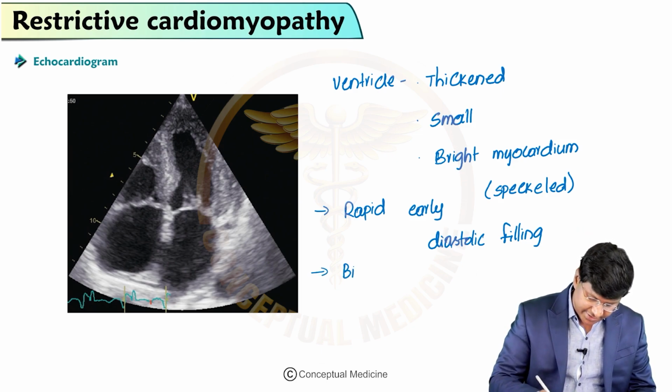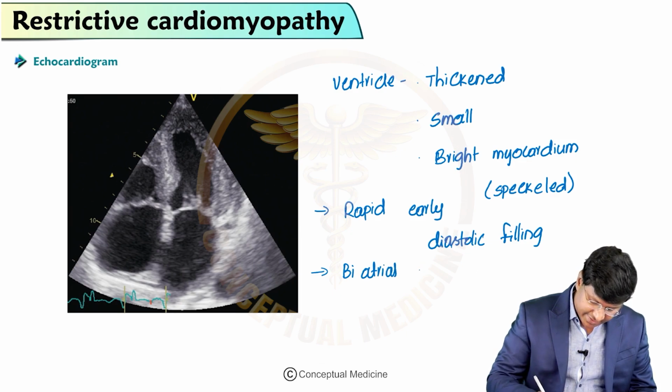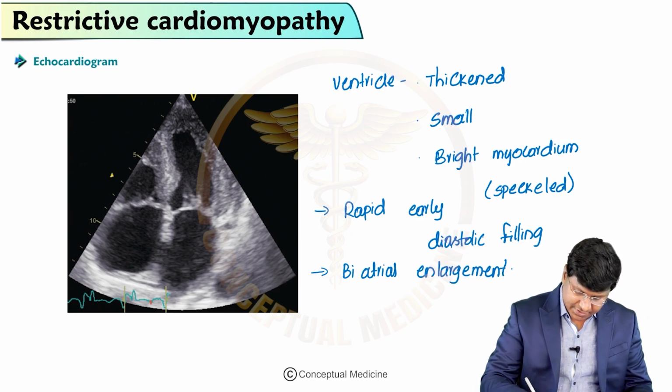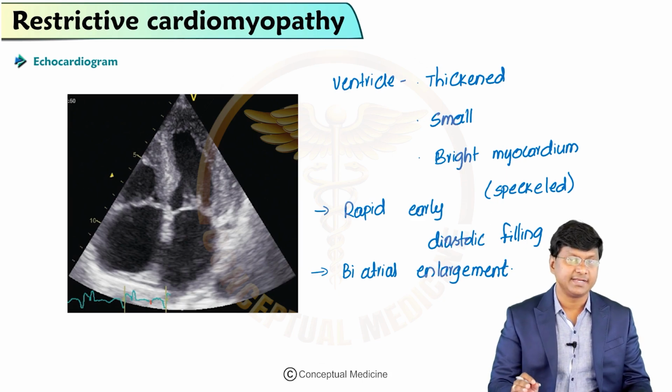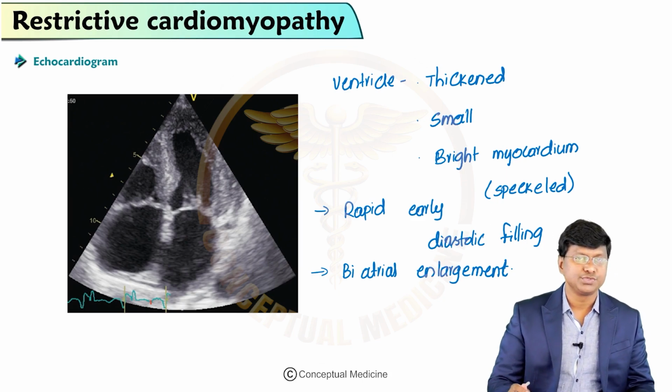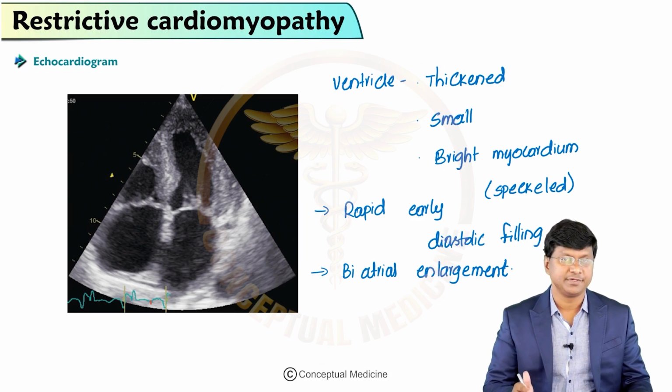And if you take the atria, you will observe the presence of biatrial enlargement. That is what the 2D echo shows in patients with restrictive cardiomyopathy.